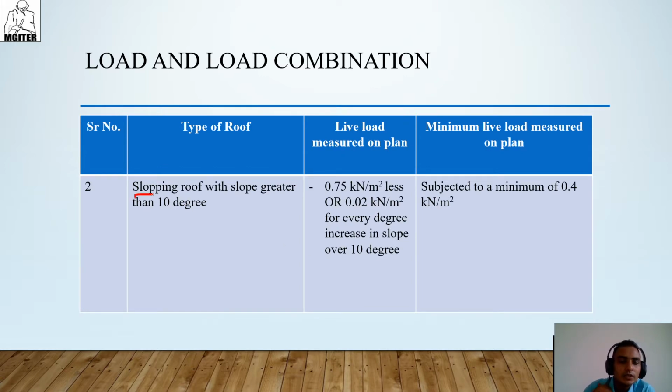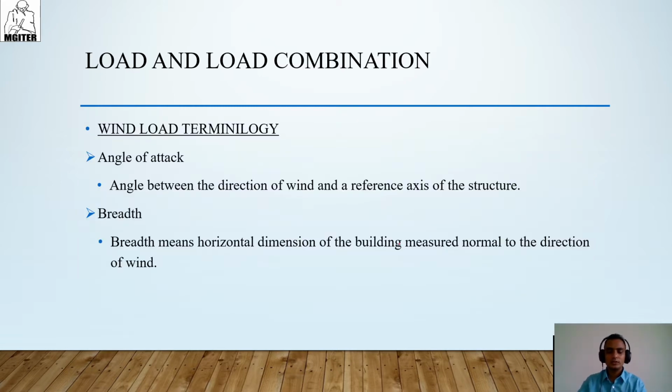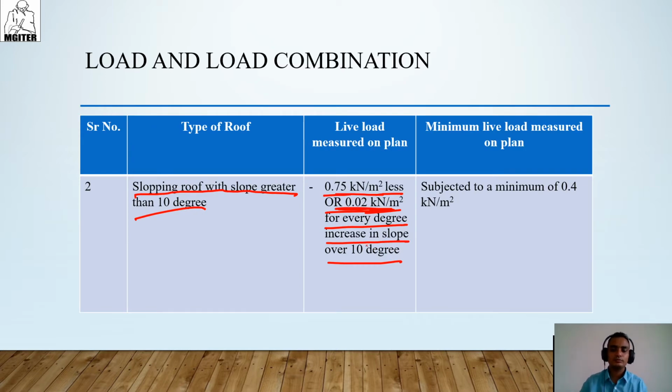And second, sloping roof with a slope greater than 10 degree, 0.75 kN per meter square less 0.02 kN per meter square for every degree increase in slope over 10. Understood? This completes live load.